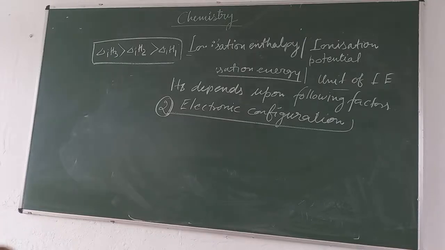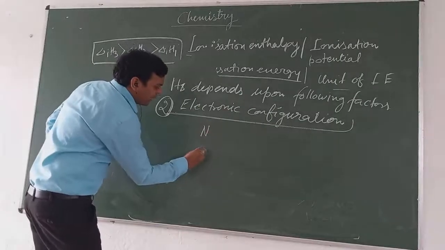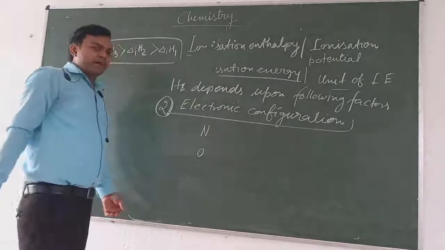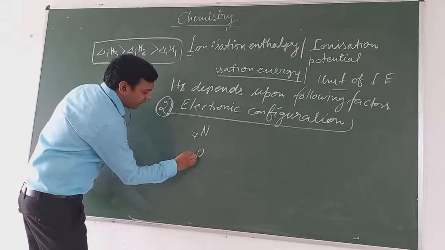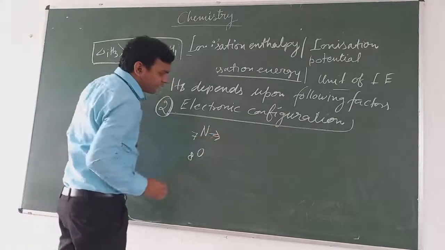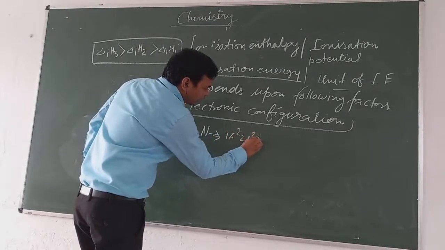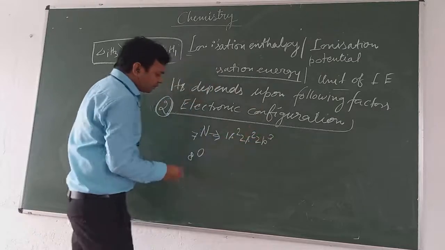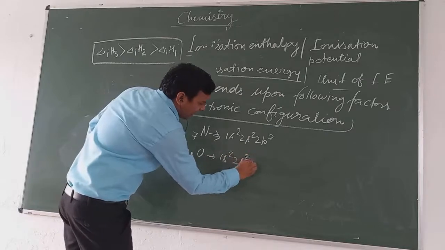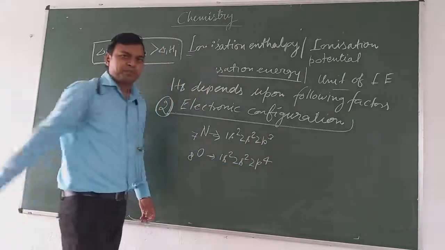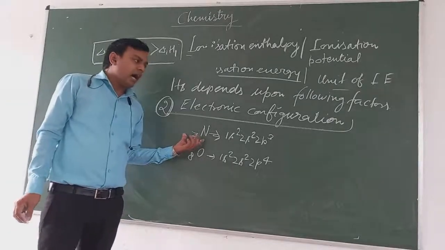Here the example is nitrogen and oxygen: atomic number of nitrogen is 7 and atomic number of oxygen is 8, and electronic configuration according to Aufbau principle is 1s2, 2s2, 2p3 for nitrogen and 1s2, 2s2, 2p4 for oxygen.